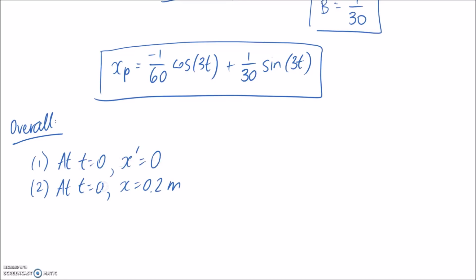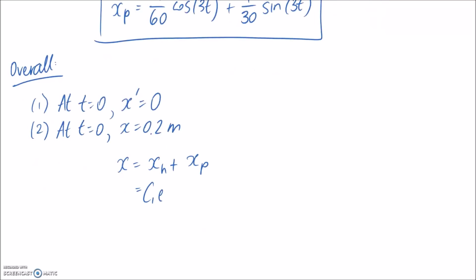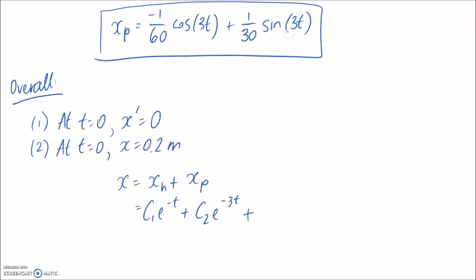So we're going to use these in the overall equation, which remember was x is equal to the homogeneous plus the particular. For the homogeneous, we got it to look like this. And for the particular, that's what we just figured out here.